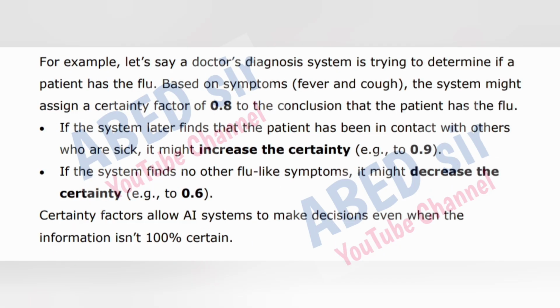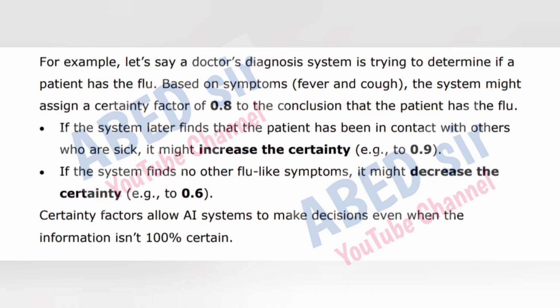For example, let's say a doctor's diagnosis system is trying to determine if a patient has the flu. Based on symptoms, fever and cough, the system might assign a certainty factor of 0.8 to the conclusion that the patient has the flu.